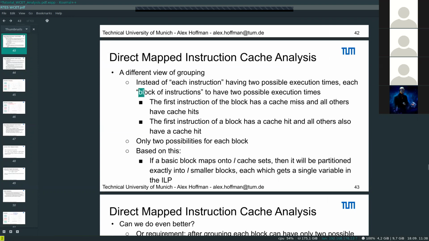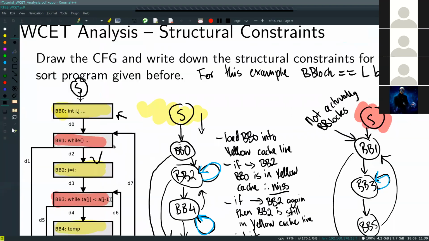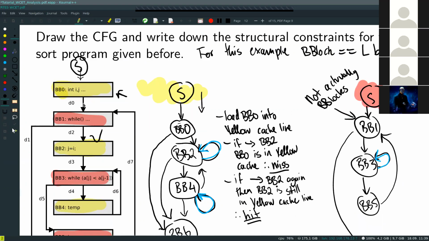Here we go. This is what I wanted. If a basic block maps onto L cache sets, it is partitioned exactly into L smaller blocks. And as we can see here, in the basic example, each basic block is divided into one smaller set because of how many cache lines it uses. So therefore, each basic block was one L block.